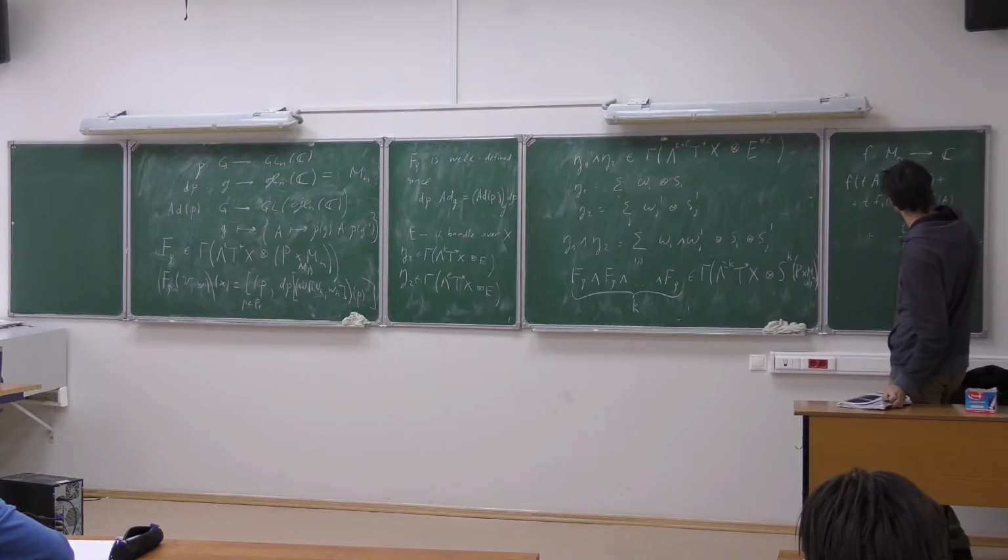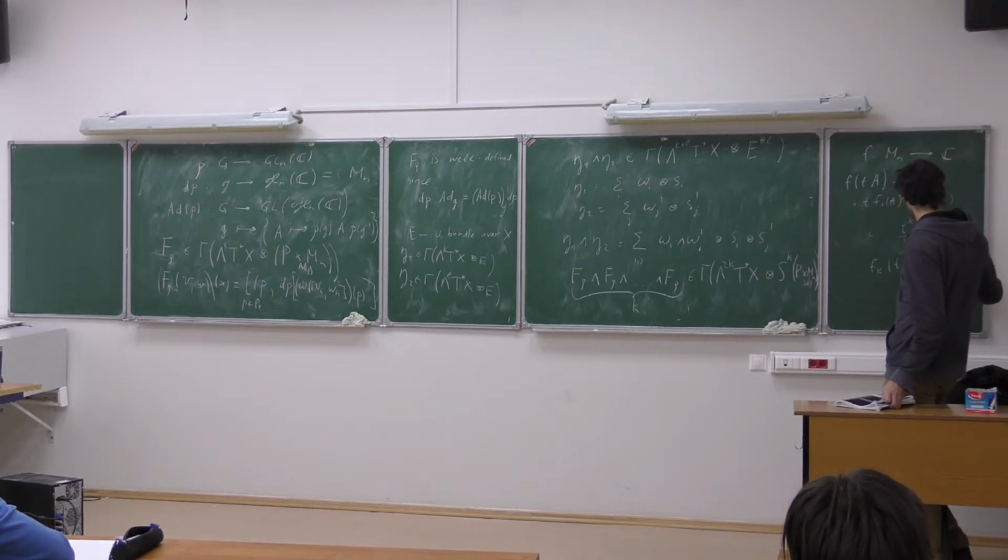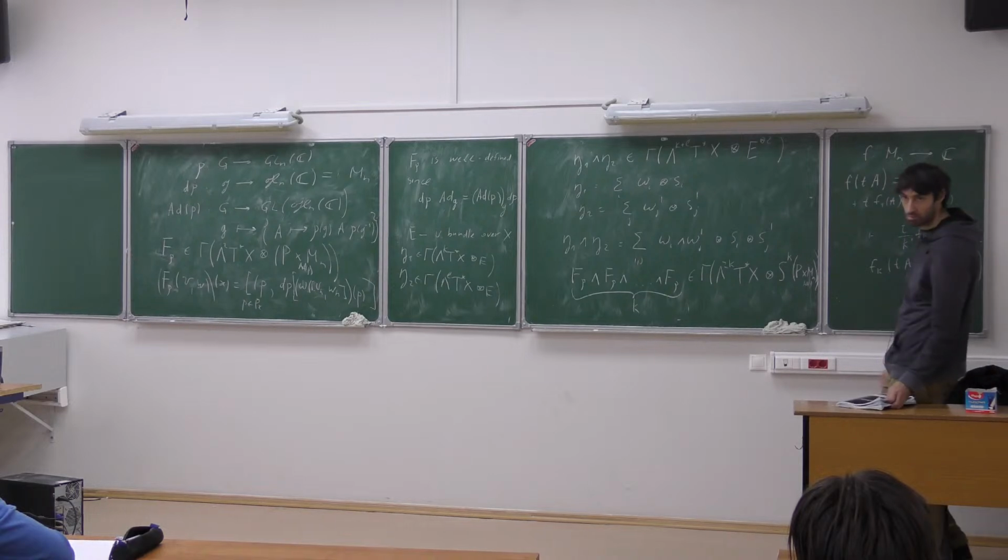And moreover, they are of degree k. So if I take Fk and multiply A by T, this is the same as T to the power k Fk of A. So these are ad-invariant maps of degree k, each Fk.